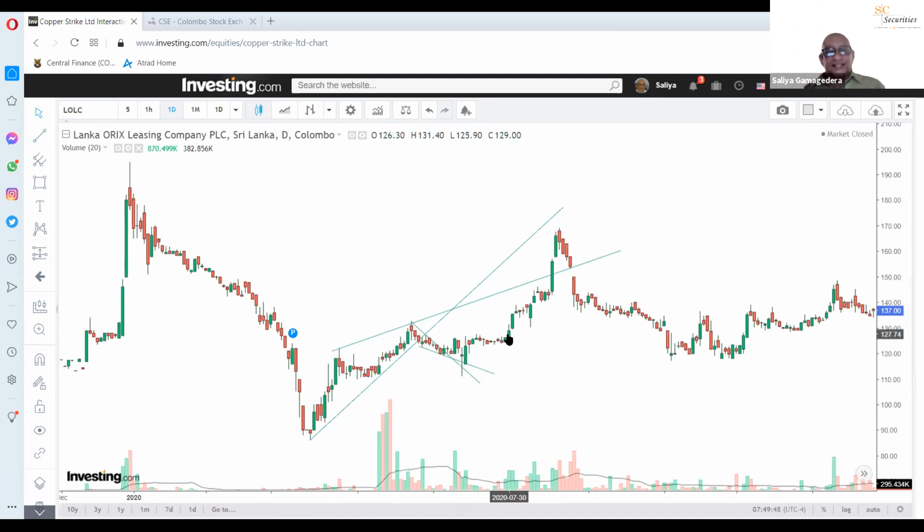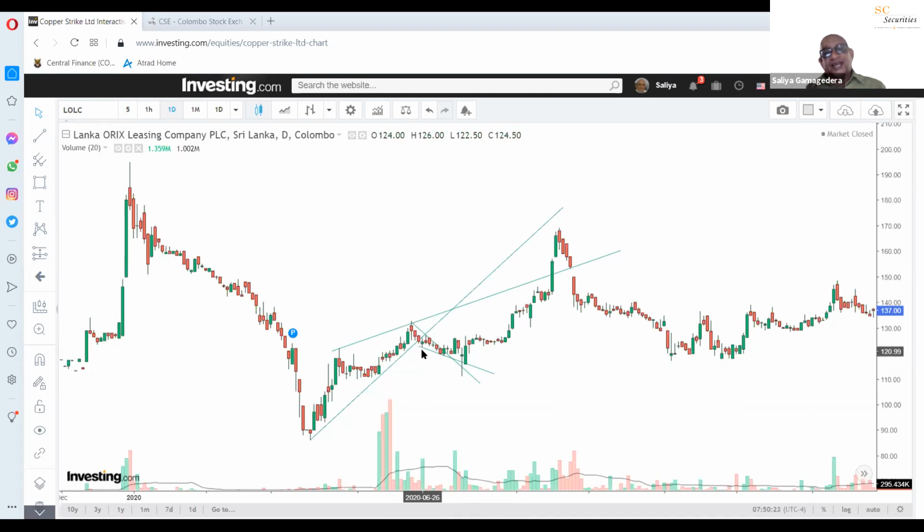And at the same time, you can see when the prices are moving in a different direction, the line that connected the lows over here is acting as another kind of, I mean, is blocking that price fall right here.